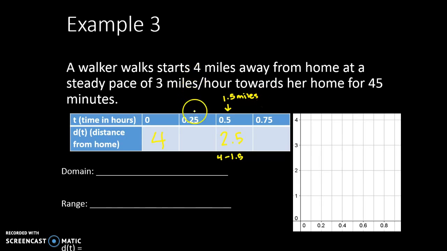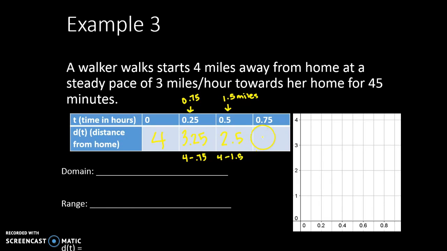And then if she's gone a quarter of an hour, she will have gone half of 1.5 miles, so she'll have gone 0.75 miles, and so she will be 4 miles away from home minus the 0.75 miles that she's walked, so she'll be at 3.25 miles.